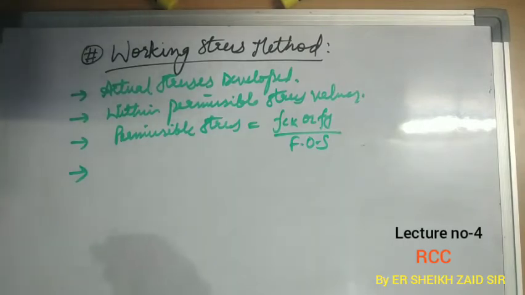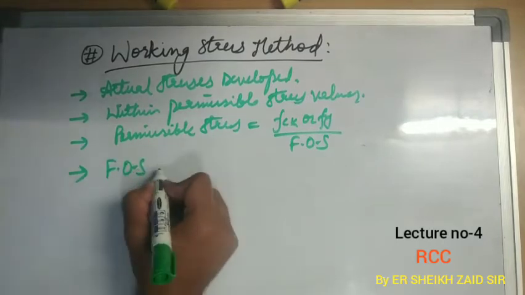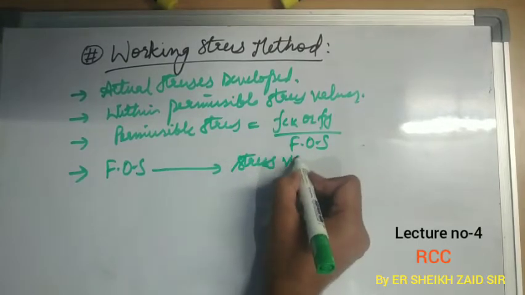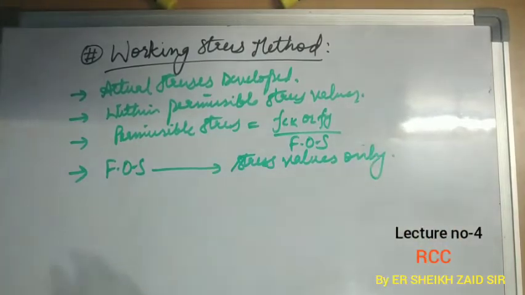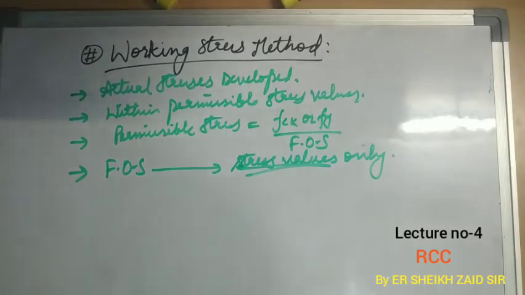Next, and the most important point, is that factor of safety is applied to stress values only. Remember, in WSM, the factor of safety is applied to stress values only. And the structure is designed for actual working load without applying any factor of safety to load.